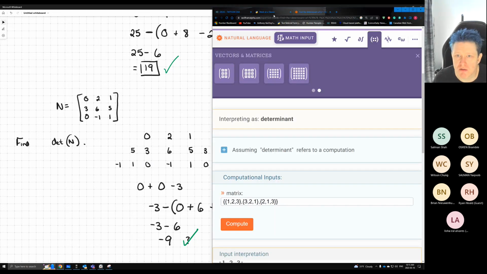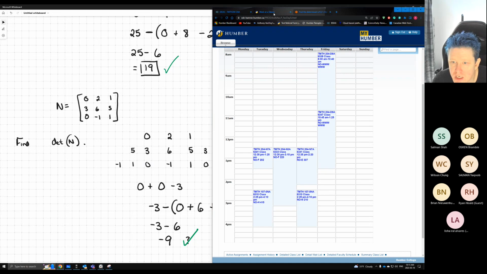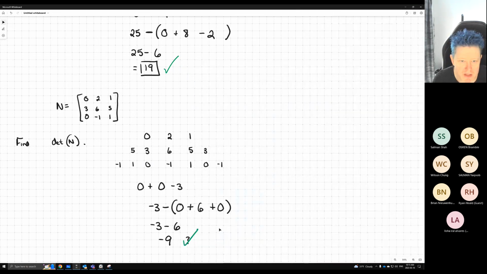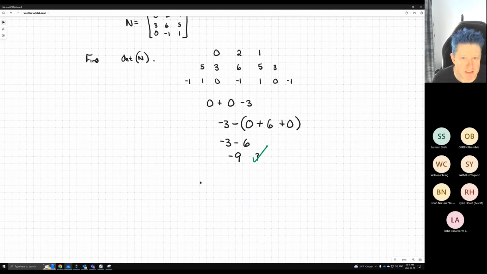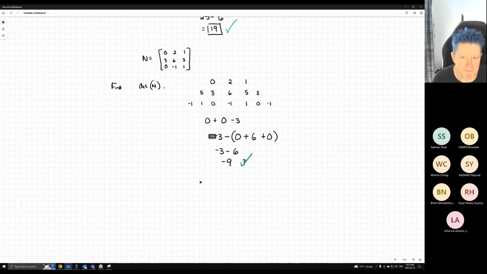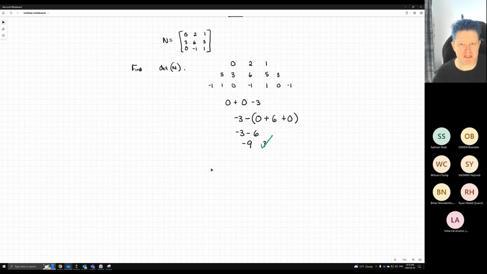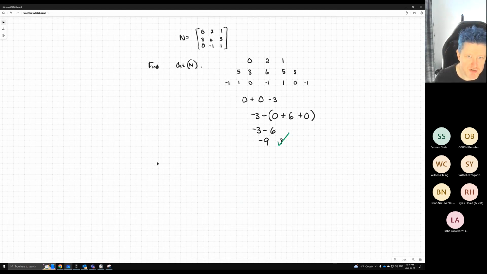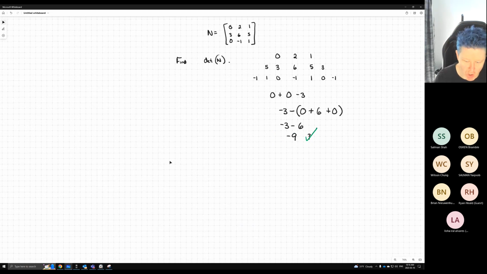Let me see what we've got on our time here. We've got time to do, I think, one example here, because these do take a long time to do. So let's actually use what we've learned here to solve a system of 3 equations and 3 unknowns.